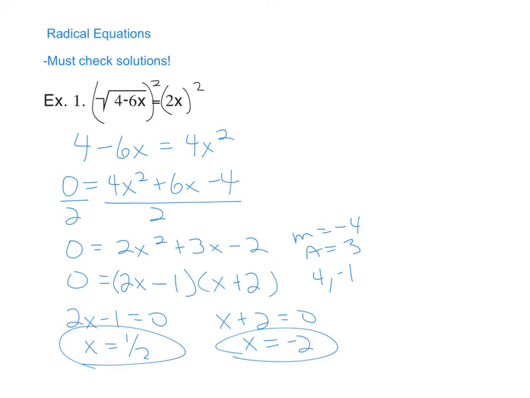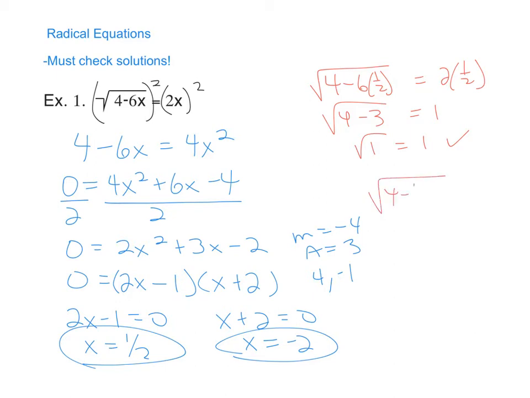We'll start with the 1/2. I have the square root of 4 minus 6 times 1/2 has to equal 2 times 1/2. So I get the square root of 4 minus 3, which is the square root of 1, has to equal 1, and that's true.